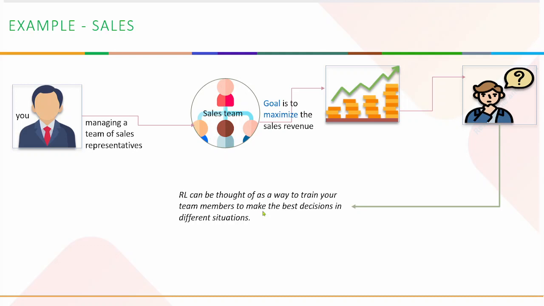That means a salesperson is dealing with multiple customers, and each customer's dynamics is different. Situation is different, the demand is different, the pricing is different, and so on and so forth. So what mechanism would work is for the salesperson to learn by trial and error, and then the goal is to reach the target or maximize the sales revenue.